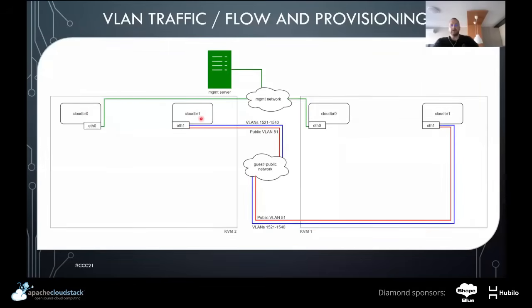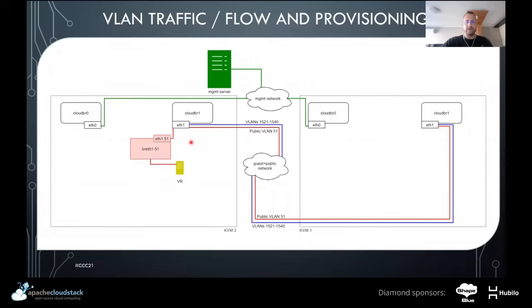So this is what you have configured manually, with 2 physical network interfaces and 2 bridges in your KVM host. And this is how the networking between those hosts looks, or at least the connectivity part. When you, for example, create a VPC, which will automatically create a virtual router for you, CloudStack will behave in the following way.